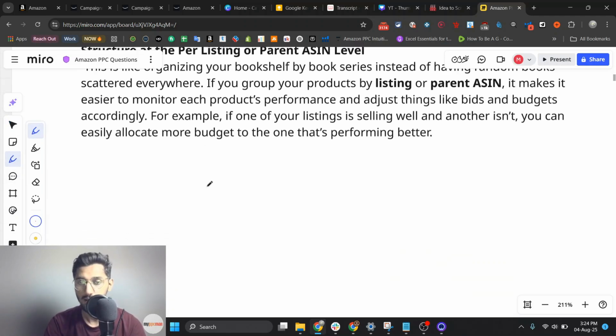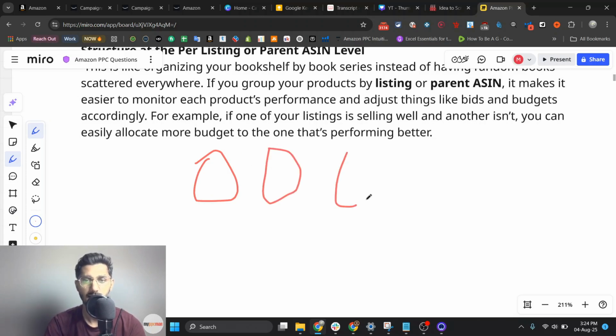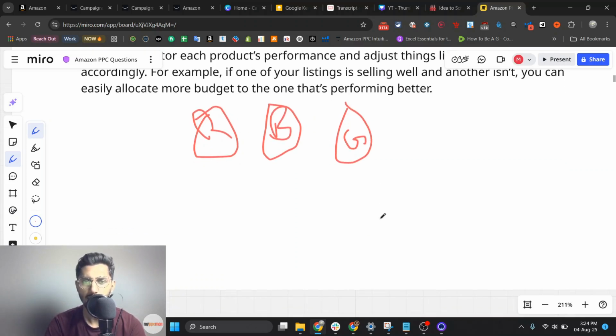It is self-explanatory. Say you have three variations of these eggs. One is red, one is blue, one is green. What will happen if, let's say, red is your best-selling item and green is your most profitable item?